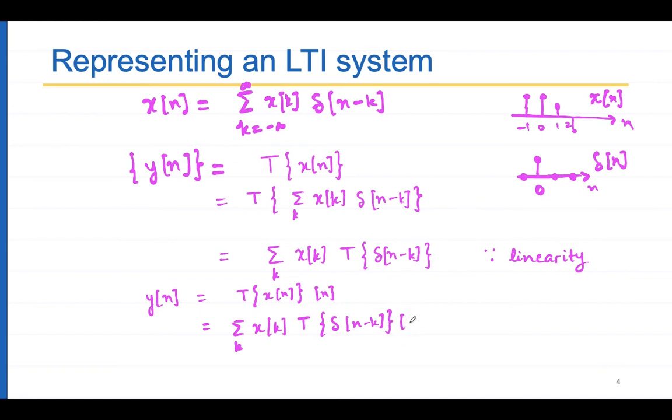From this sequence I take the nth value, right? Now I know that I can write this in this form. This thing remains the same, no problem. But this part can be written as T of delta of n minus k, right? Which property is this? This is simply time invariance, right? You remember the definition of time invariance.